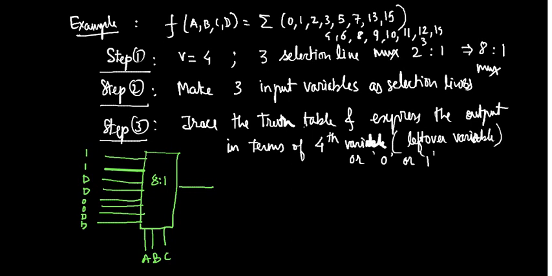The circuits which we have seen so far are called combinational circuits. Combinational circuits are ones which are dependent on inputs only at that time.